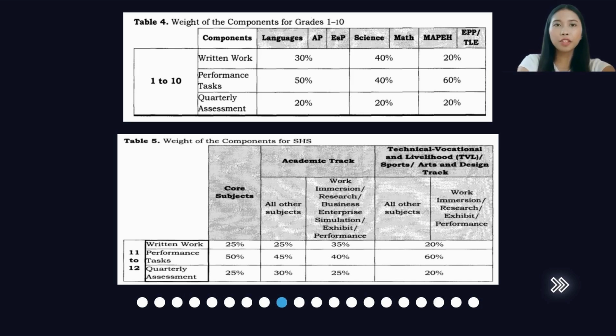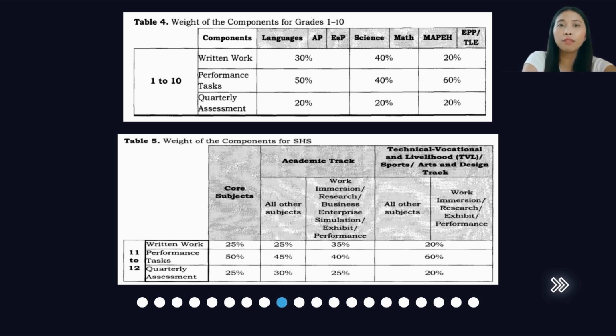Now, let's talk about the changes under the K-12 program. The K-12 Basic Education Curriculum, implemented in 2013, introduced some adjustments to the grading system, particularly for senior high school students. In senior high school, the grading system is similar to junior high school, but includes additional components such as performance tasks, project-based assessments, and internship grades, all of which are included in the final grade calculation.